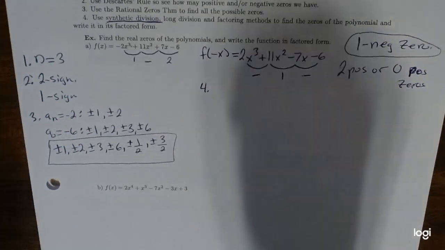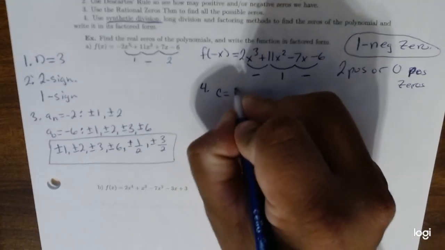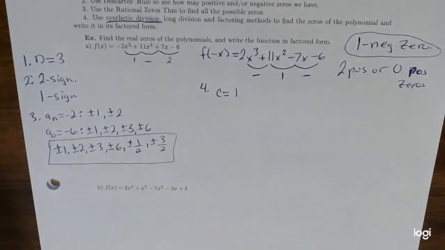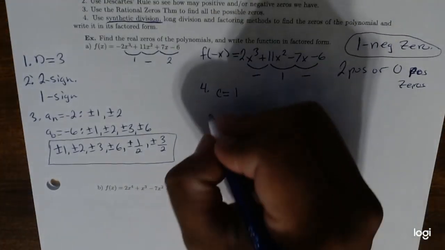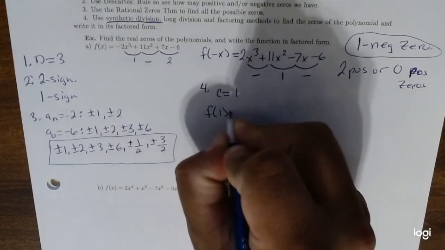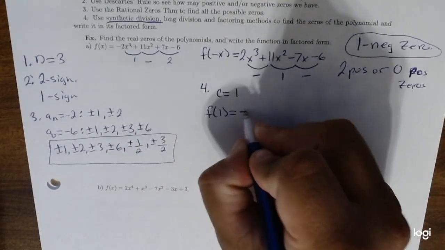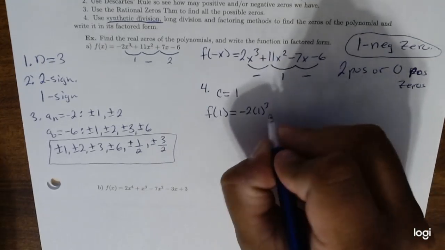Let's suppose we want to choose a c value of positive 1, just for fun. If we plug it in, f of 1, we literally just plug into the function and see what we get out.